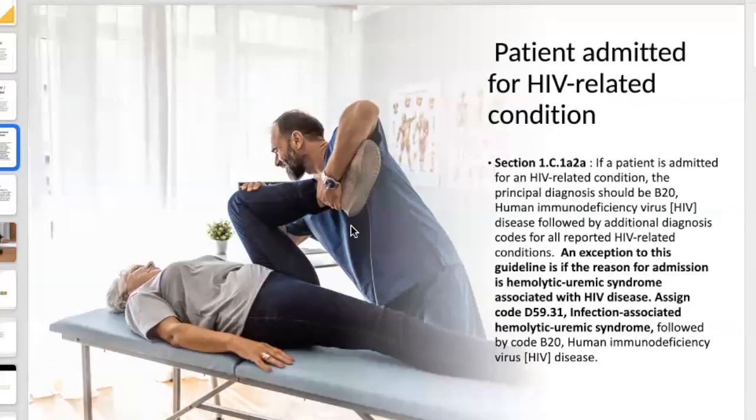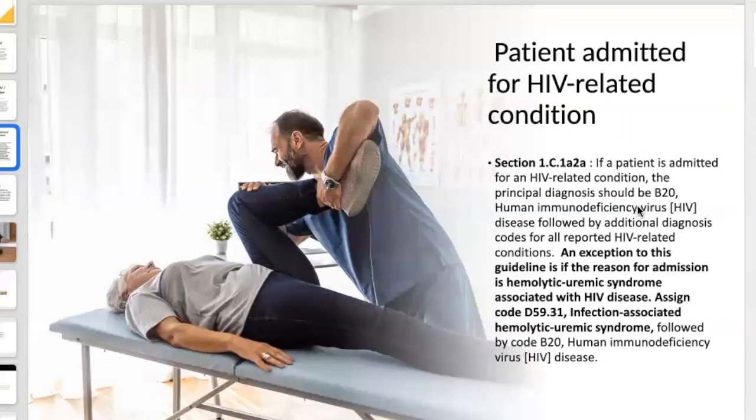Maybe the picture is not very fitting for an HIV-related disease, but it can be like if a person's bone structure, skeletal structure becomes weak because of the virus, then this picture is related. Now, if a patient is admitted for an HIV-related condition, the principal diagnosis should be B20.